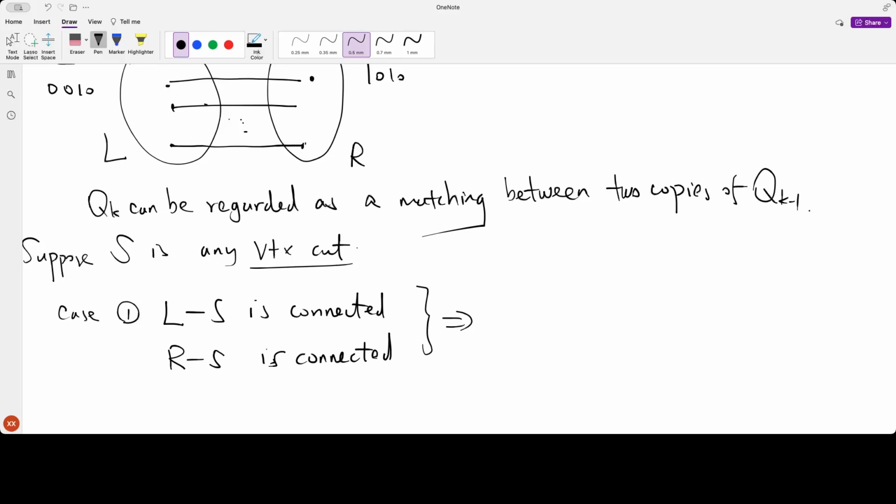If you delete S, what's remaining on the left-hand side is connected, and what's remaining on the right-hand side is also connected. So all these vertices are connected, all these vertices are connected, but the whole graph is not connected because S is a vertex cut.